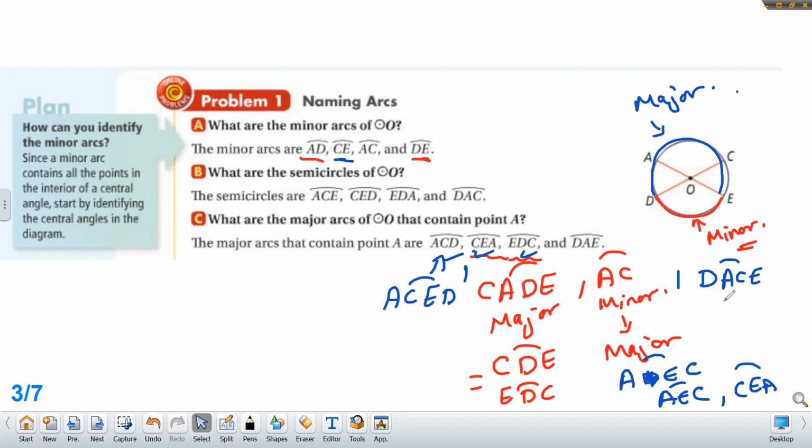This is the main idea. So here you can say D, A, E, because I don't like to use the same 3 letters 2 times, right? Again, guys, to determine where the major is, find the minor, and the rest will be my major, right, guys? Okay, look at the next.